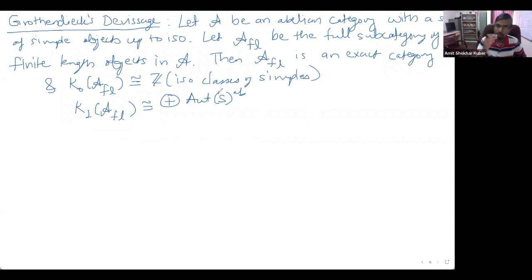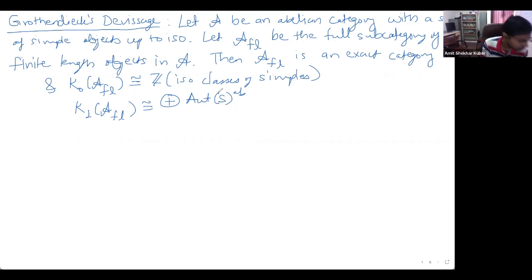It is a very easy to see result. The proof is easy. The size of the category doesn't really matter as long as you have full control over simples. So this is Grothendieck's dévissage.